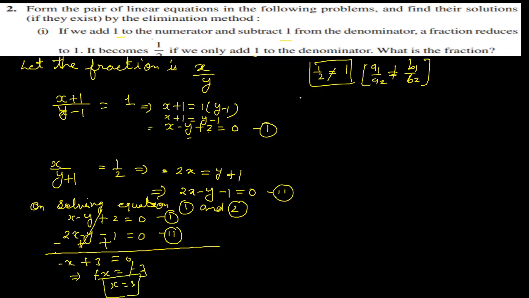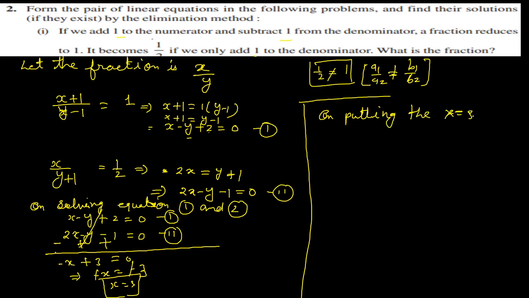On putting x is equal to 3 in any of the equations, what is your equation 2? x minus y plus 2 is equal to 0.